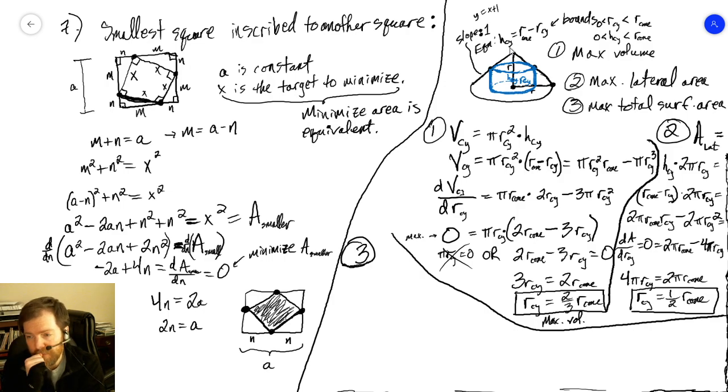It could just be as simple as saying that the height of the cylinder should be equal to the radius of the cylinder. Somebody's probably screaming at home going, yes. Well, now I'm curious.